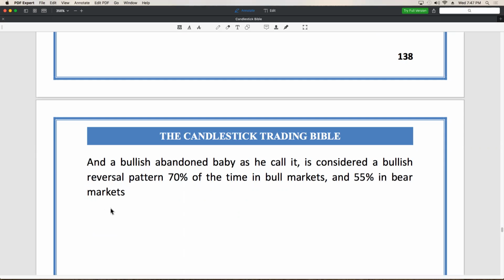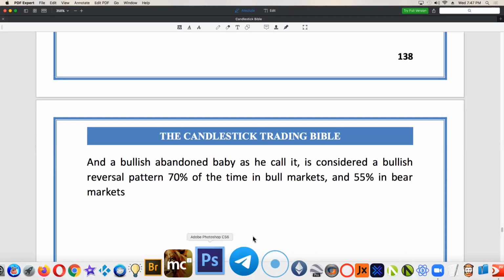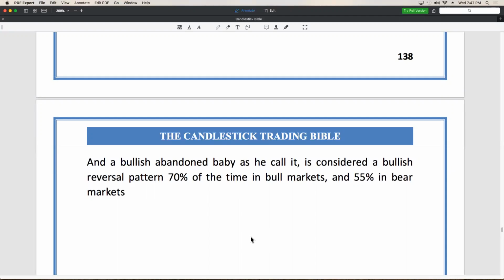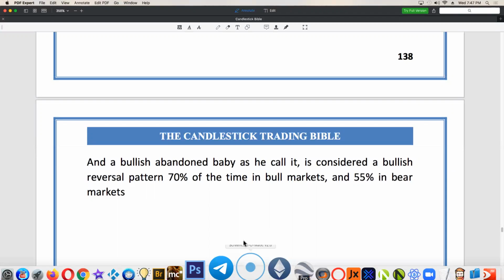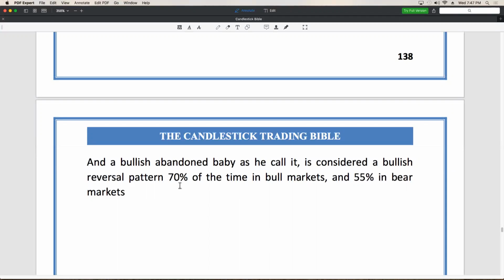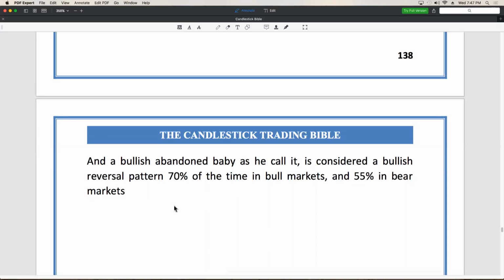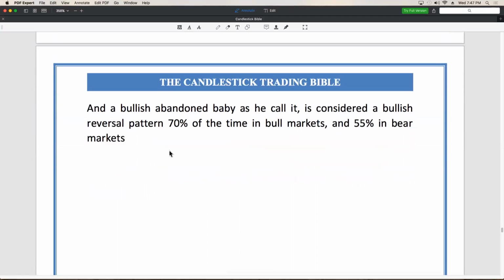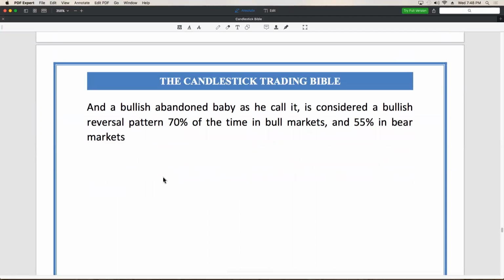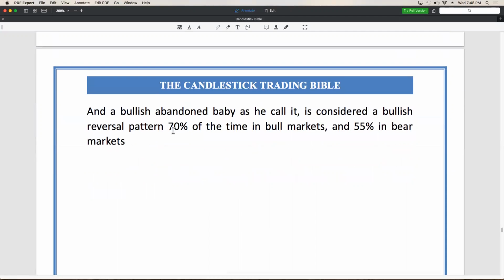So what he's saying is a bullish abandoned baby is considered, in an uptrend, a reversal pattern 70% of the time. That means it's an evening star or a thicker doji evening star. I mean, not evening star, morning star, I'm sorry.